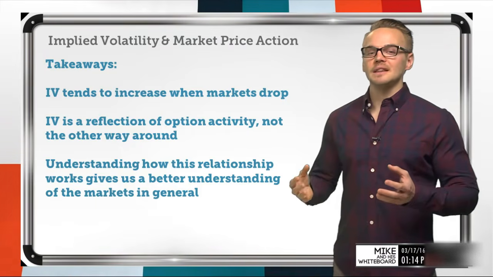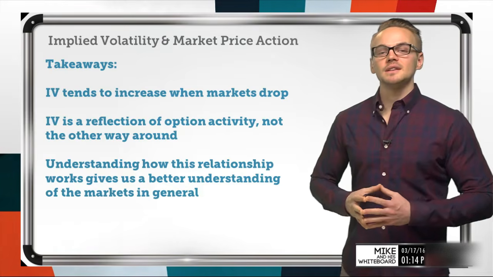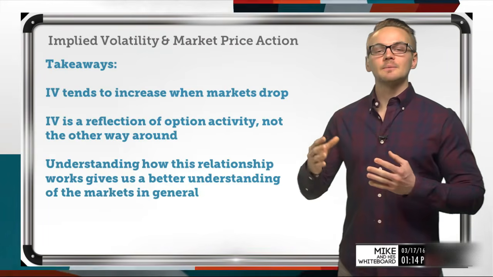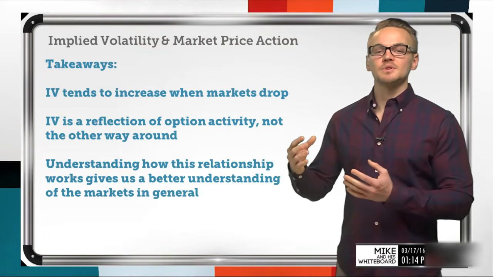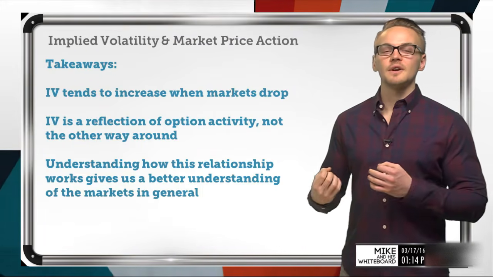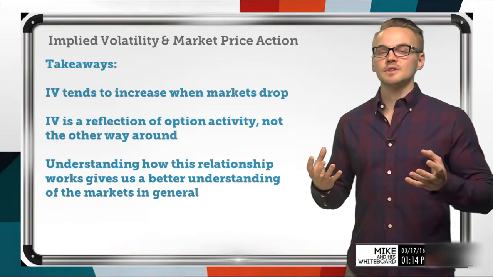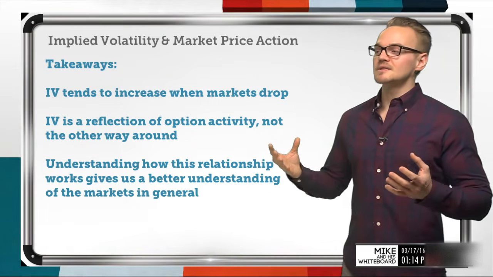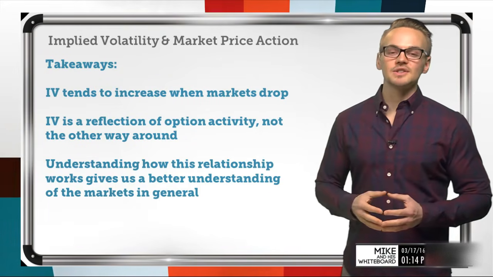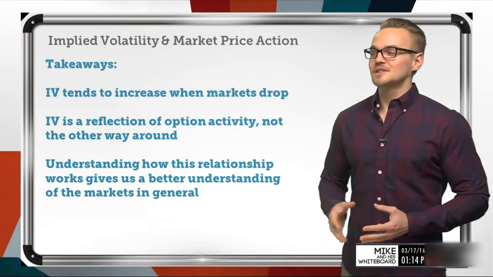But because we know that option prices are what is driving implied volatility, and we can usually make a relationship between complacency and fear, where fear is to the downside and complacency is to the upside, because most of the US tends to be long, it gives us a clear relationship and why this relationship exists today.